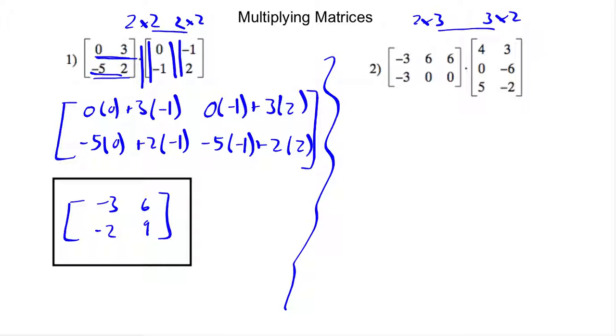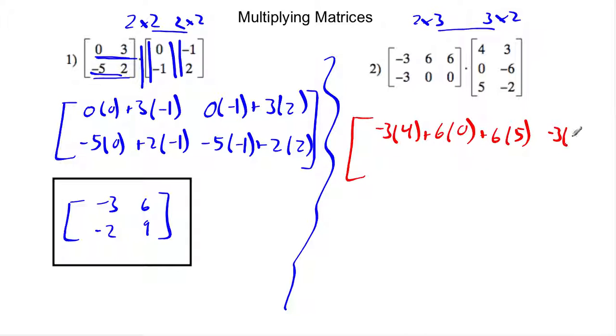And then moving on to number 2 here, we are going to do the first row, so negative 3 times 4 plus 6 times 0 plus 6 times 5. I'm going to run out of room here.